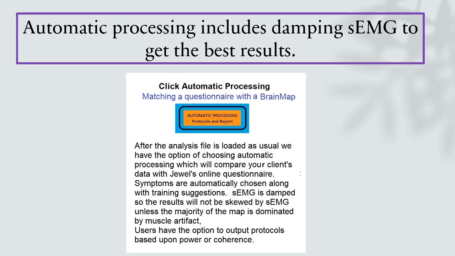It'll just be EMG. And so it's essential that we understand that that's what's being done. It's also essential to understand if your entire recording is dominated by EMG, then the results cannot be damped because the total recording has been dominated, skewed, and even corrupted by sEMG.